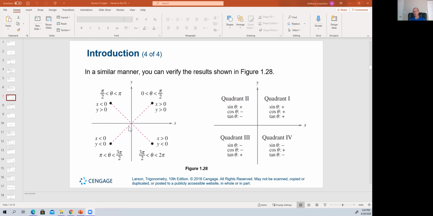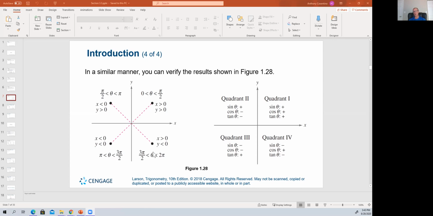In quadrant 3, between 180 and 270, both x and y are negative. Sine and cosine are both negative, but tangent has two negatives, the numerator and denominator, so tangent will be positive. Then in quadrant 4, between 270 and 360 degrees, the y value is negative and the x value is positive.